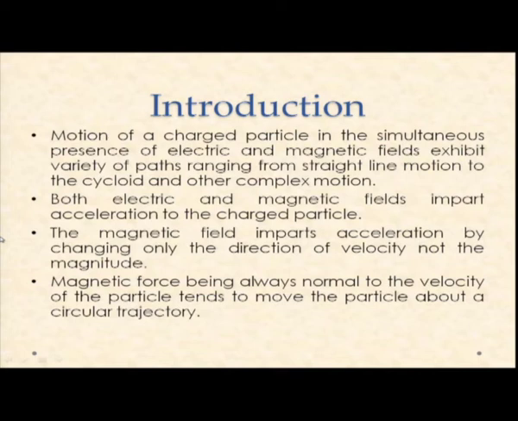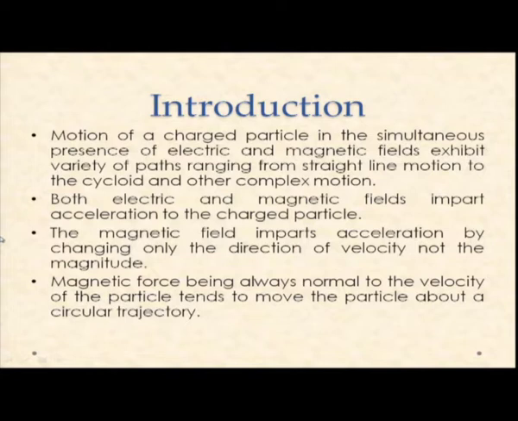Motion of a charged particle in the simultaneous presence of electric and magnetic field exhibits a variety of paths, ranging from straight line motion and circular motion to other complex paths, if the electric and magnetic fields are in different orientations. Both electric and magnetic fields impart acceleration to the charged particle.